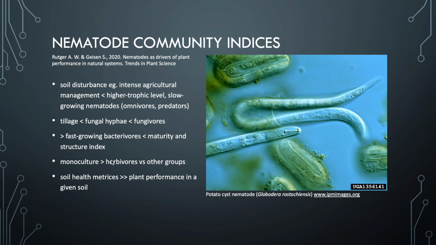And that's because now there is an abundant food source where there are no obstacles for the nematodes to get to, and particularly in conventionally grown systems that are plowed and also where chemicals are applied to the soil will minimize plant health and therefore increase susceptibility of these plants to herbivorous nematodes. So therefore, soil health metrics, such as the indices that examine nematode communities in soils, can be used to determine plant performance in a given soil ecosystem.